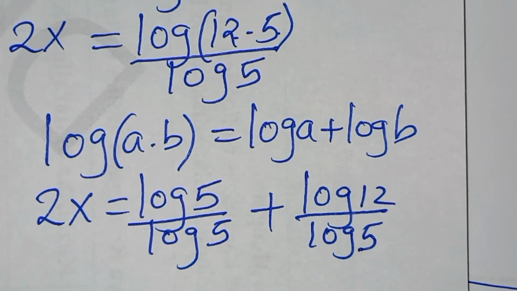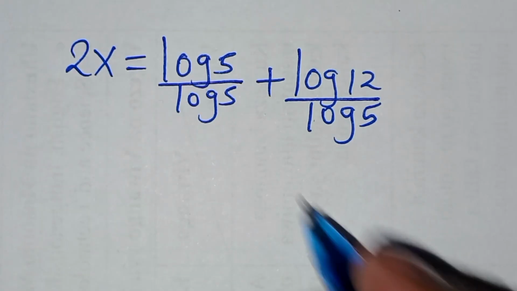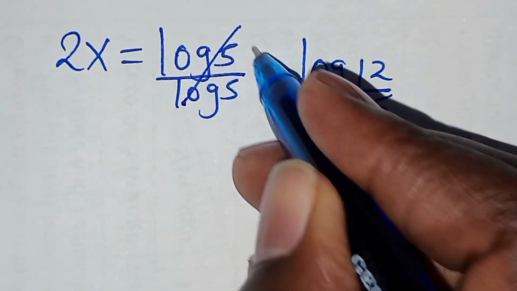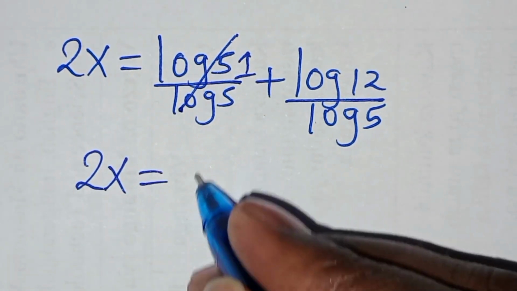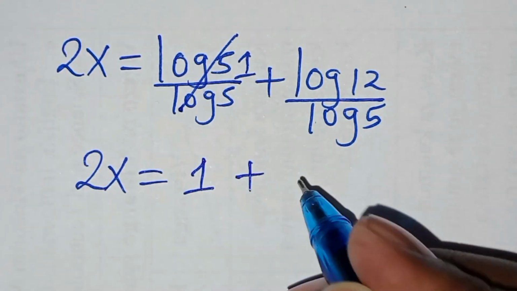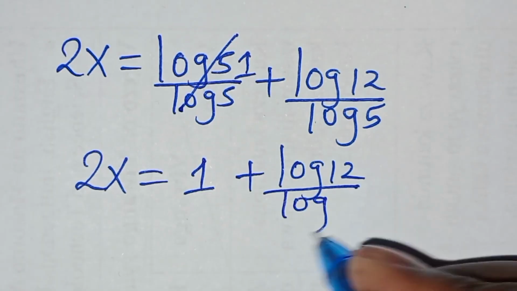So let's proceed from here. You find that log 5 and log 5 simplifies here. So this is 1. So we'll have 2x. This is equal to 1 plus log 12 divided by log 5.